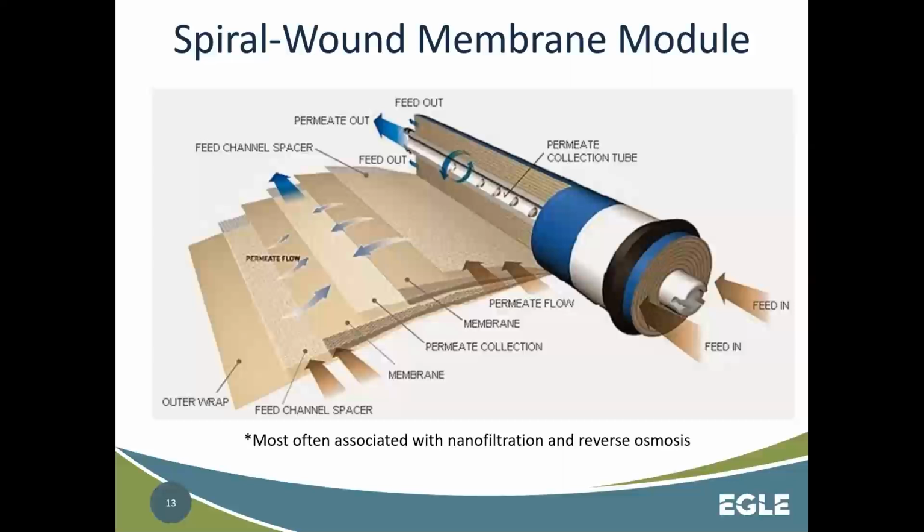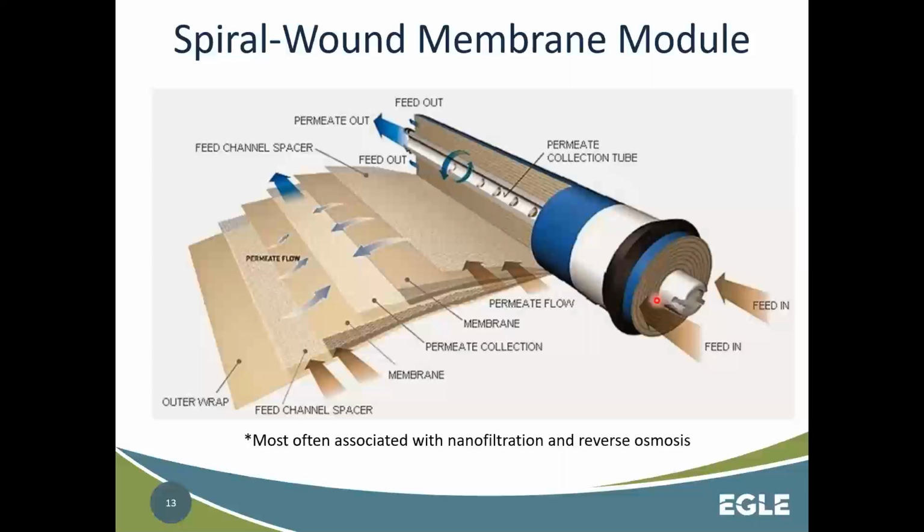molecules. So the way it works is you have a sheet of your actual membrane right here, and then you'll have another sheet of membrane, and then in between you have these spacers, and then that all gets rolled up, and so the feed water gets pumped in at a high pressure, because these are really tight membranes.